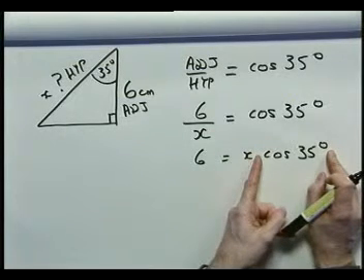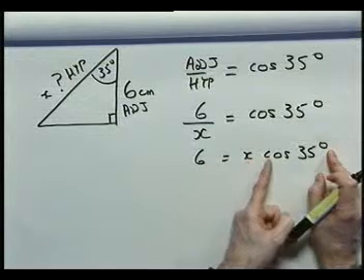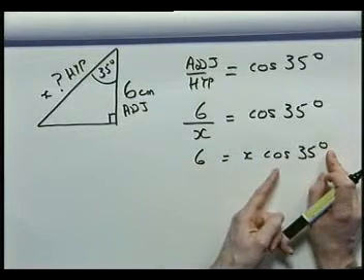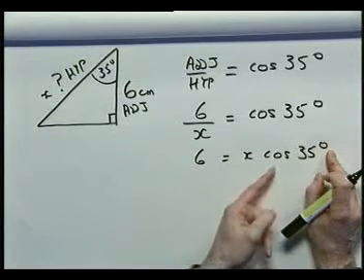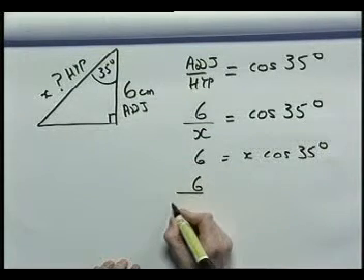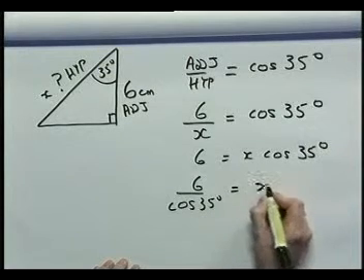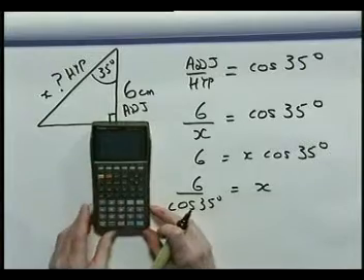It's just a number like 2 or 3. So if this said 6 was equal to 2x, then we'd know that x was equal to 3, because we'd be able to divide the 6 by 2. Cos 35 is no different, and so we divide both sides by cos of 35 degrees, and that will be equal to x. So we need the calculator again.